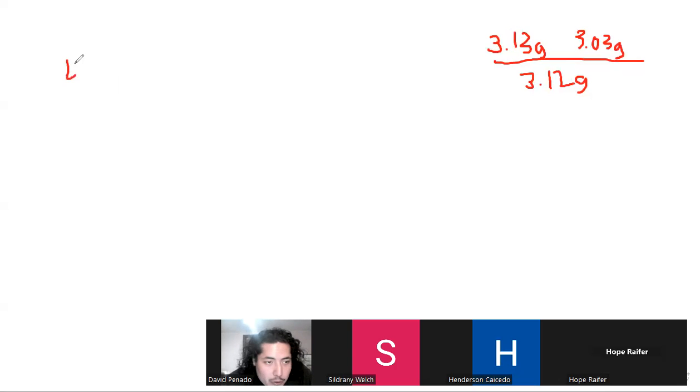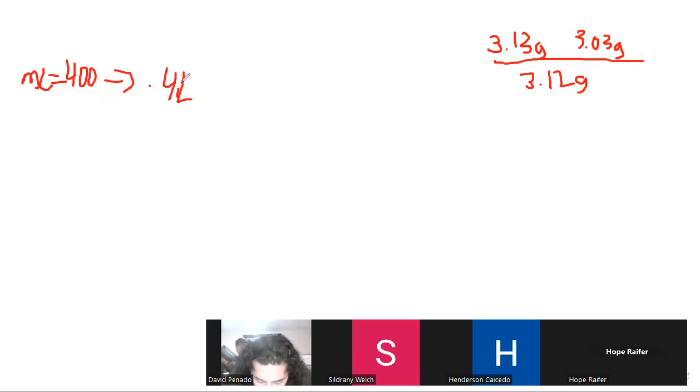All right, so we have 400 milliliters. We want to change it to 0.4 liters. Yep. All right, so now we have it in liters.